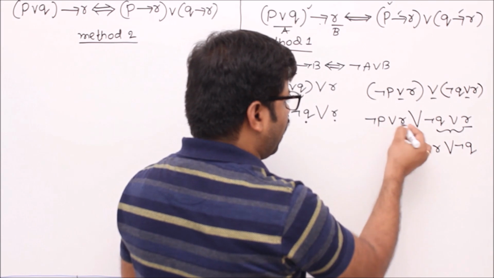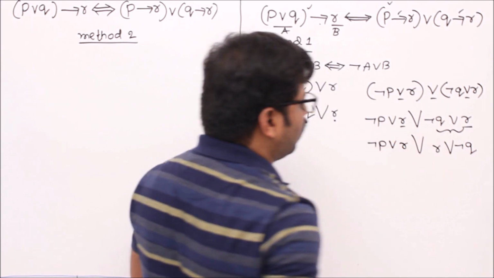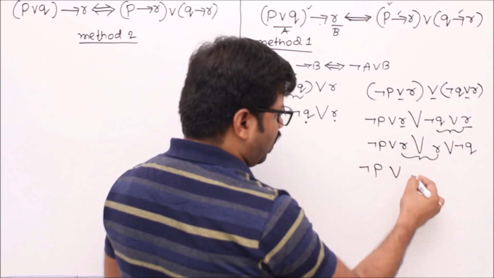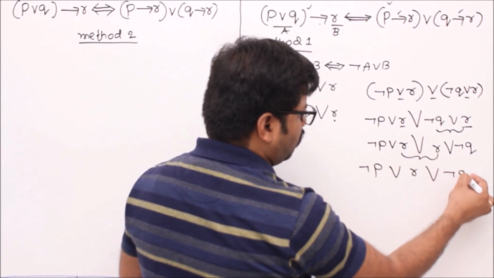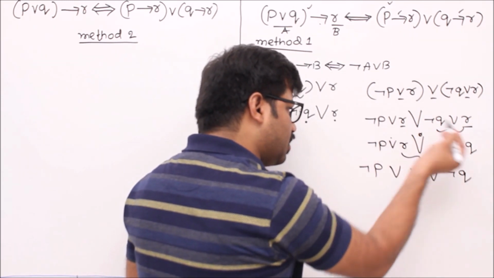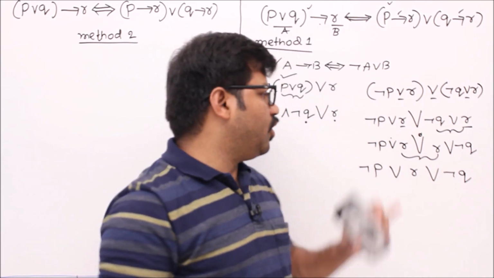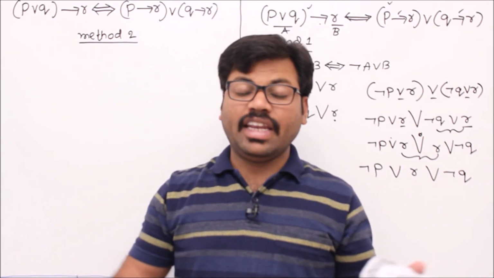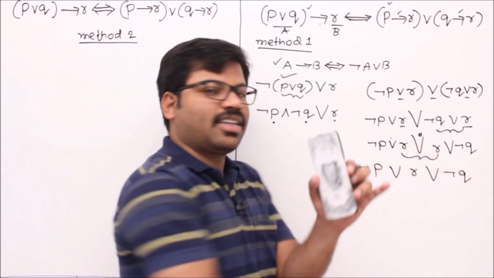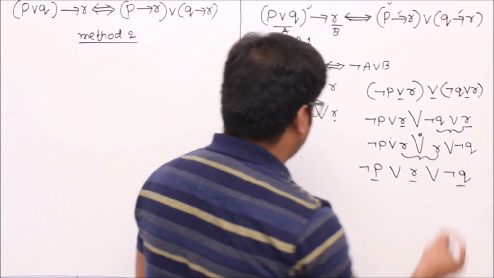Now negation P or R, let me copy as it is, negation P or R. Now we can simplify it: negation P or R or R or negation Q. Why am I applying this OR before the other ORs? Because of the associative rule: when you have multiple ORs, any OR can be applied first. That's why I can happily apply this OR first. Now you get negation P or R or negation Q.